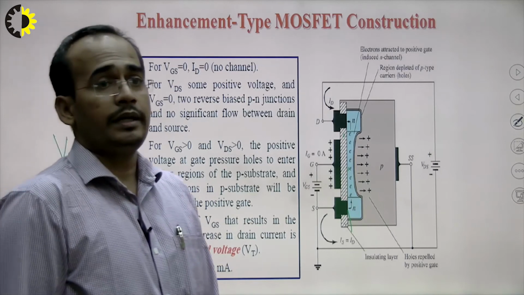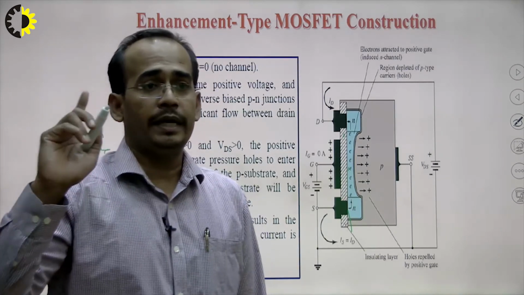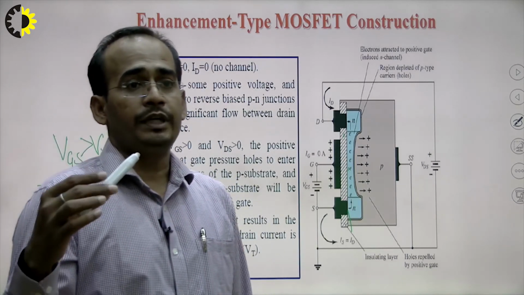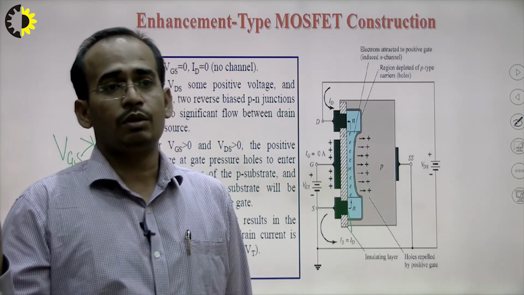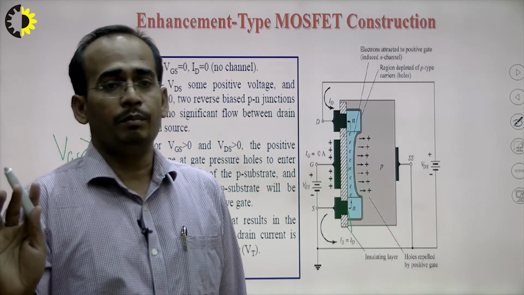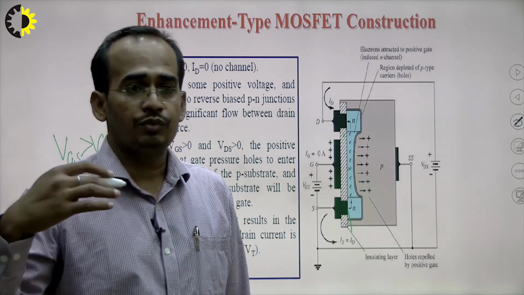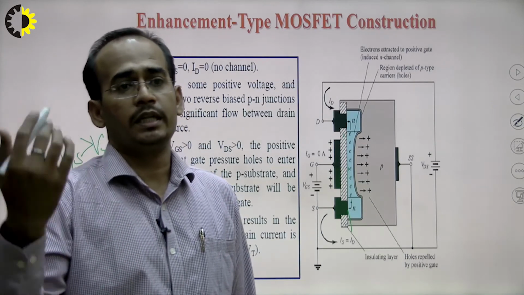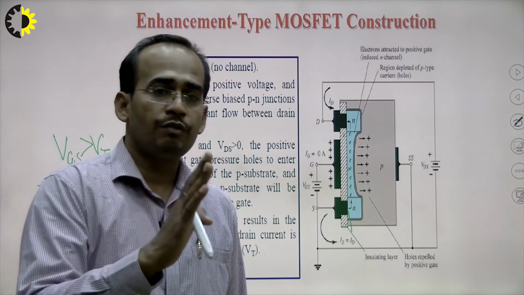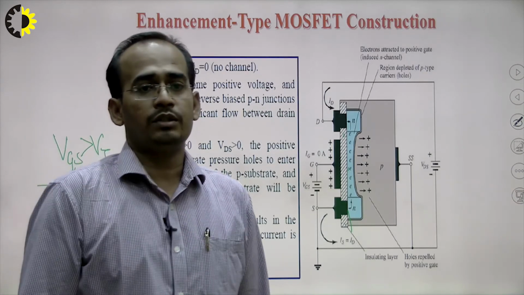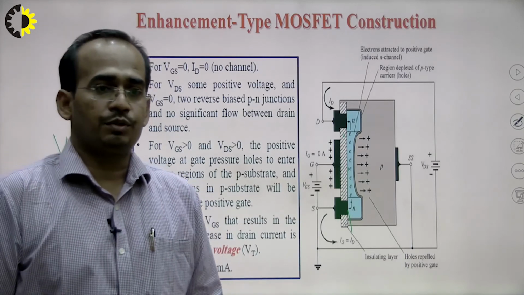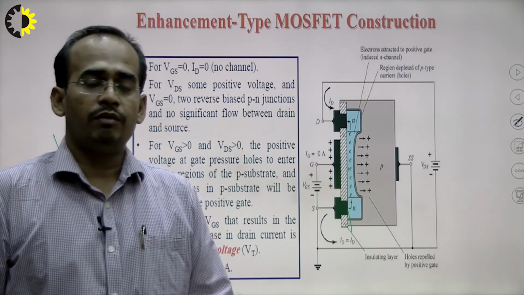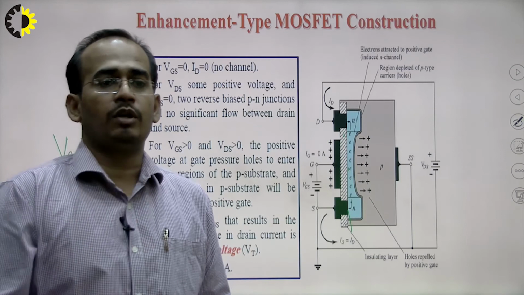So, as written there, for VGS equal to 0, ID will be 0, even when we apply VDS greater than 0. So no current will flow between the drain and source terminal. When VGS is greater than 0 and VDS is greater than 0, the positive voltage of the gate terminal will attract the minority charge carriers of the p-type substrate towards the positive terminal of the gate.